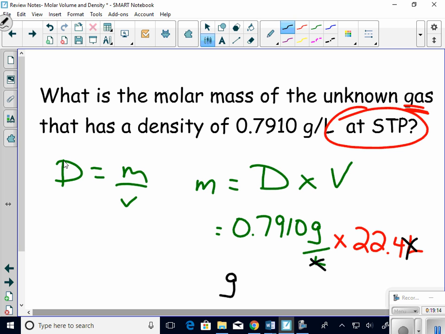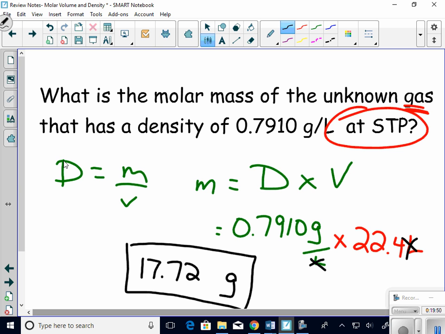My liters cancel out, leaving me with a label of grams. Is that a good label for a gas? Excuse me, check. Is that a good label for a mass? Yes, it is. So I need to take the 0.7910, multiply that by 22.4, and I get a value with four sig figs, 17.72 grams.